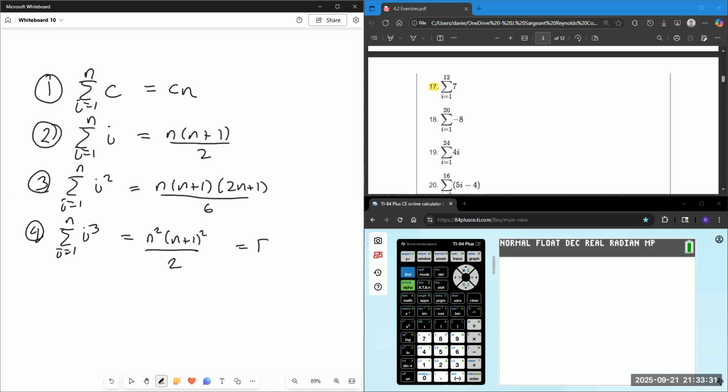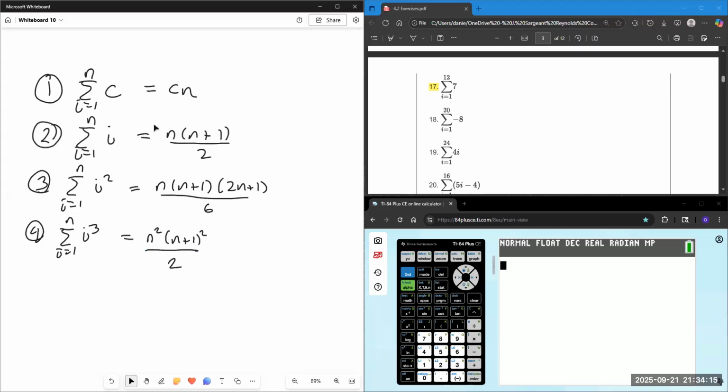This is the same thing as summation i equals 1 to n of i squared. I don't know if you noticed that, but it's that same formula there, just squared. So not a new formula, just square number 2 to get number 4. So memorize all of these, and you will need them throughout this lesson especially, and the next video here, and even throughout the rest of this chapter.